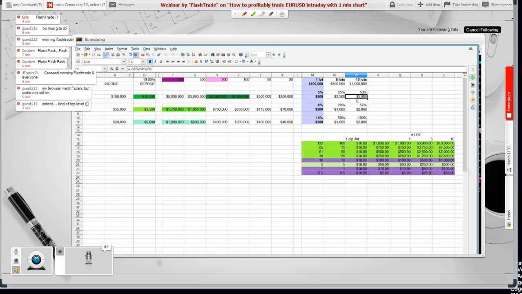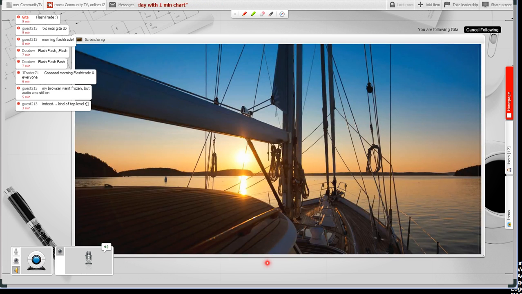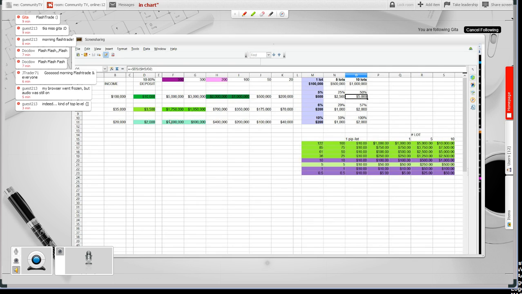Remember that I recommend the size of a 10 lot, and the production that is generated from that is based on the 10 lot. Okay, and I'm going to show you this result that I produced prior to this.